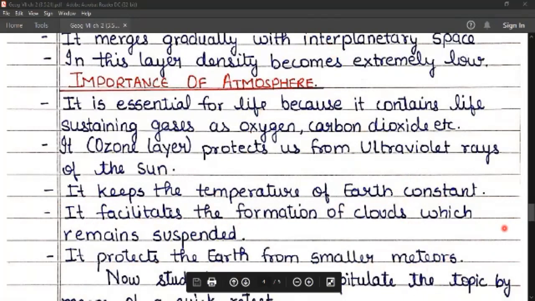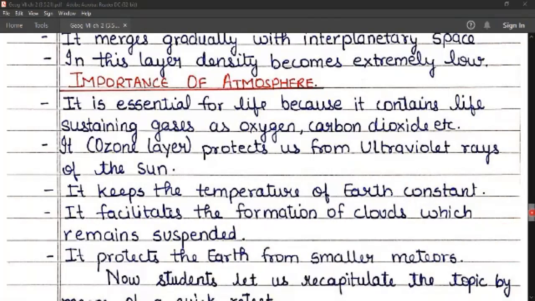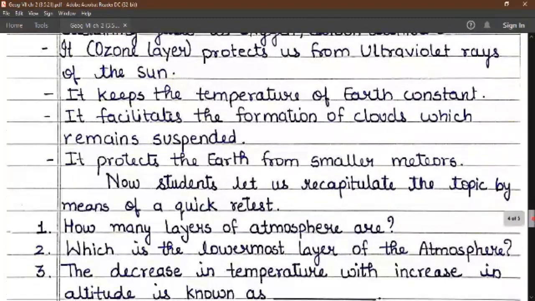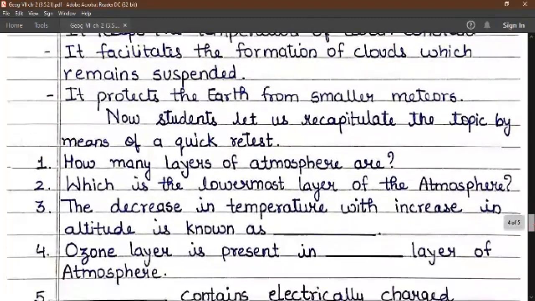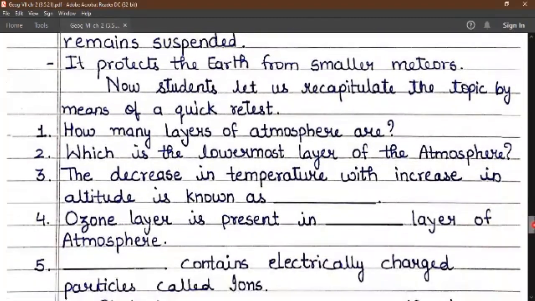So this is about today's topic, the structure of the atmosphere. I hope you well understood this. Now children, let us recapitulate the topic by means of a quick retest. So the questions are, first, how many layers of atmosphere are there? Number 2, which is the lowermost layer of the atmosphere?